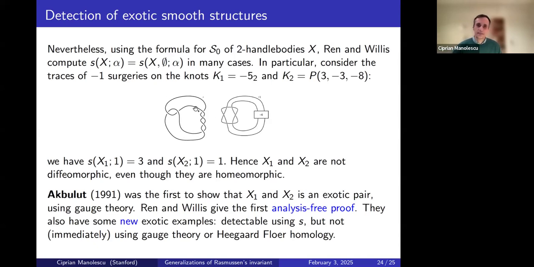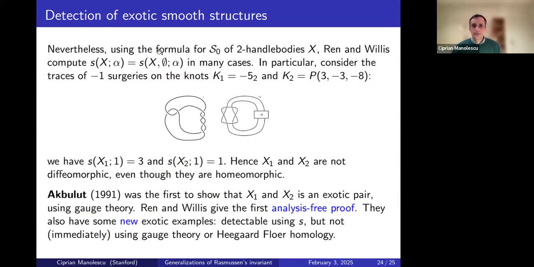You attach a disc with this boundary on the ball. You attach it to B4, and then you smooth the corners, and you get a four manifold with some boundary. They looked at these two knots that happen. Well, so when you do this attaching of the handle, the four manifolds are different, but the three manifolds that are the boundary are the same, it turns out. So one knot is 5_2 and the other is this pretzel knot.